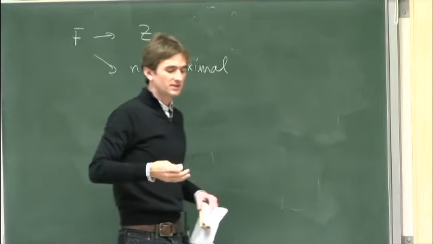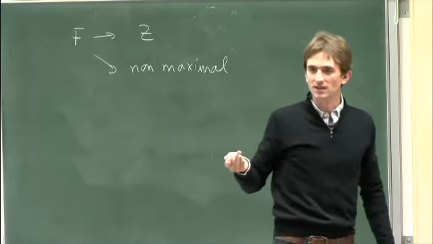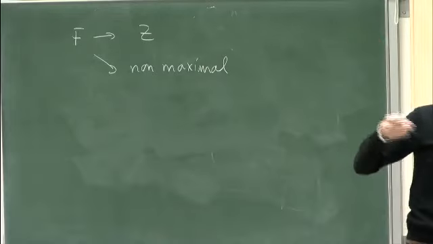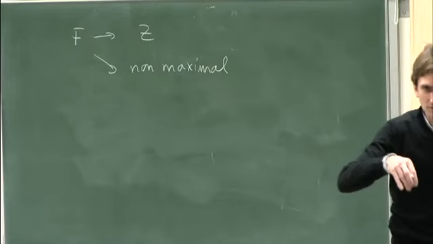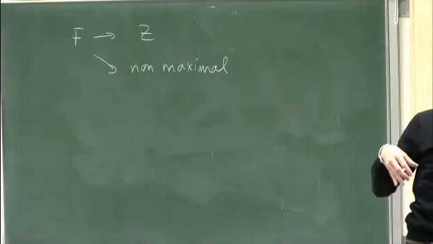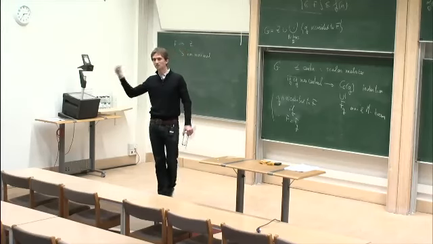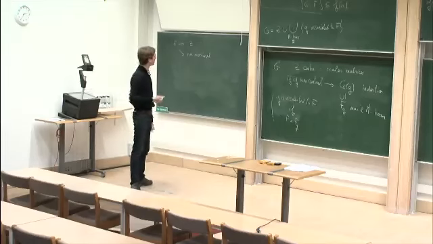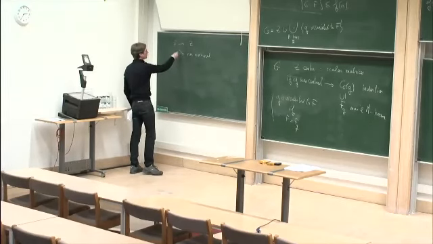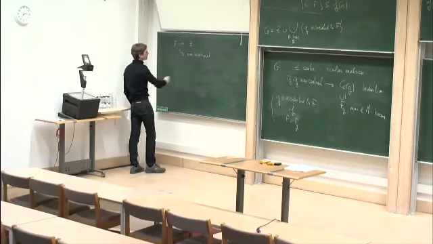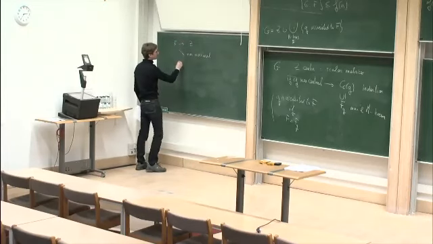Every m-beam is contained in a maximal m-beam, because by induction, if you take an m-beam and look at its centralizer, you can apply induction to the centralizer and get that it's contained in a maximal m-beam. So you have to distinguish between whether F is the center, a non-maximal m-beam, or a maximal m-beam.